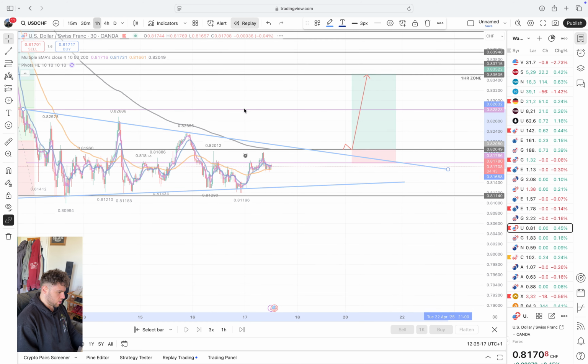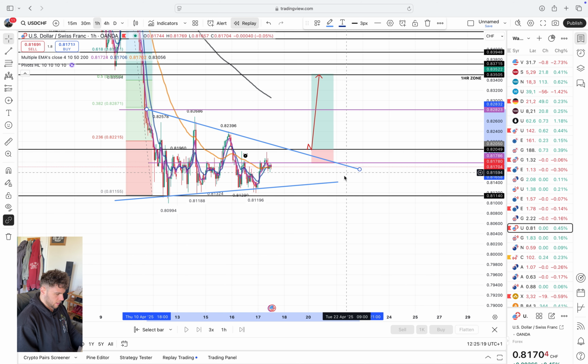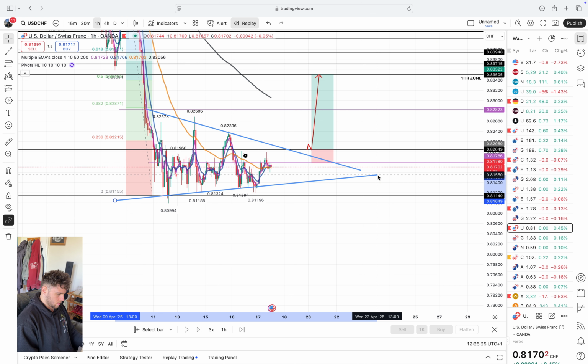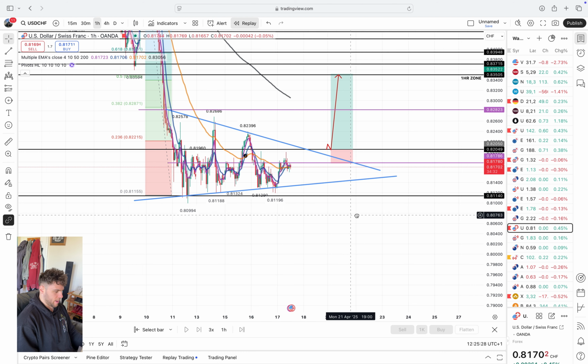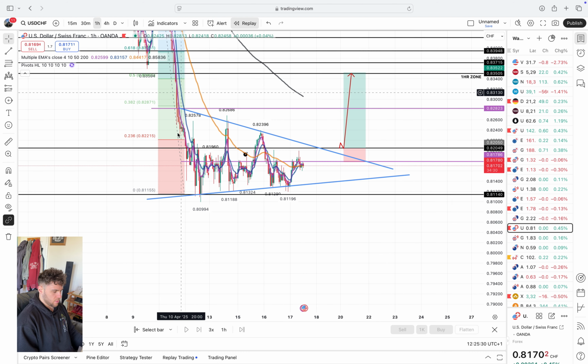Going up to the higher time frame, we are actually in a wedge pattern. We still have all of this to fill in, and it will fill in at some point. I know it will.